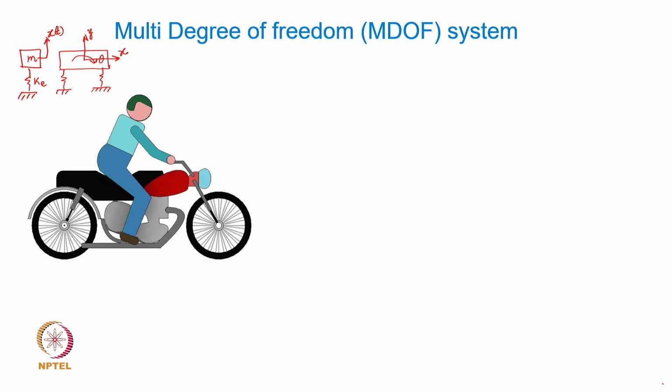So, when we want to have all the vibratory characteristics captured, it makes sense many times to have a good number of degrees of freedom, not too many, depending upon the physical system at hand and the purpose of your analysis.